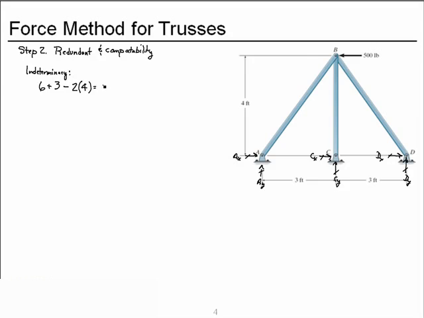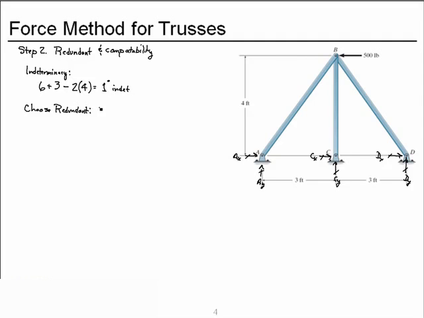And we get 1 degree indeterminate, which means we need to choose 1 redundant. And I can choose any redundant, any internal force or reaction, as long as the remaining structure, the primary structure, is determinate and stable.